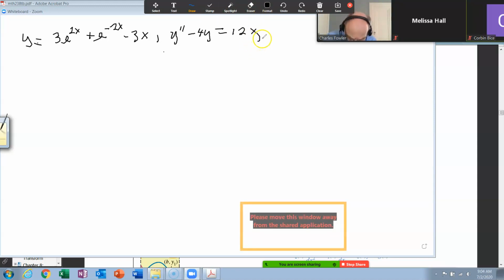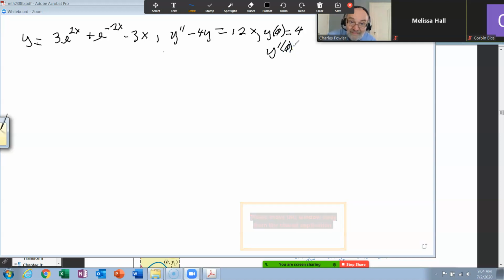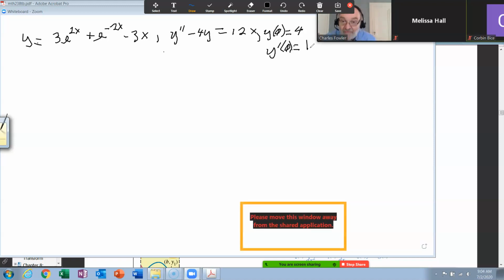Y of 0 is equal to 4, and y prime of 0 is equal to 1. Neither one of my equal signs are working. Okay, so there's our differential equation, and there's what they say is the solution.